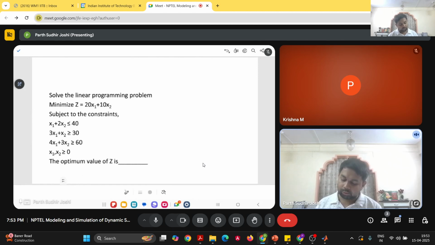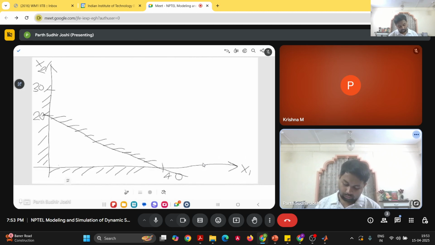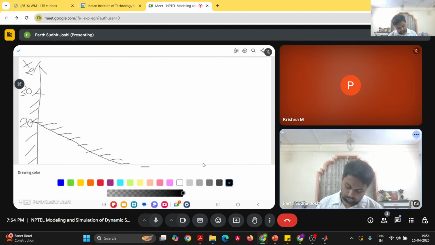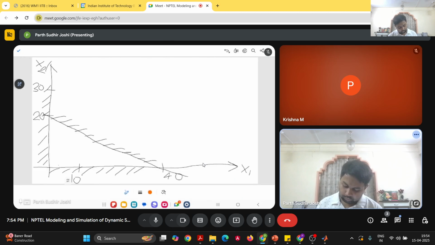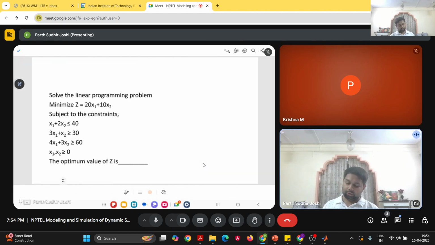And for x2 equal to 0, x1 will be 10. So let us use a different color now for this constraint. So this will be the line corresponding to the second constraint.